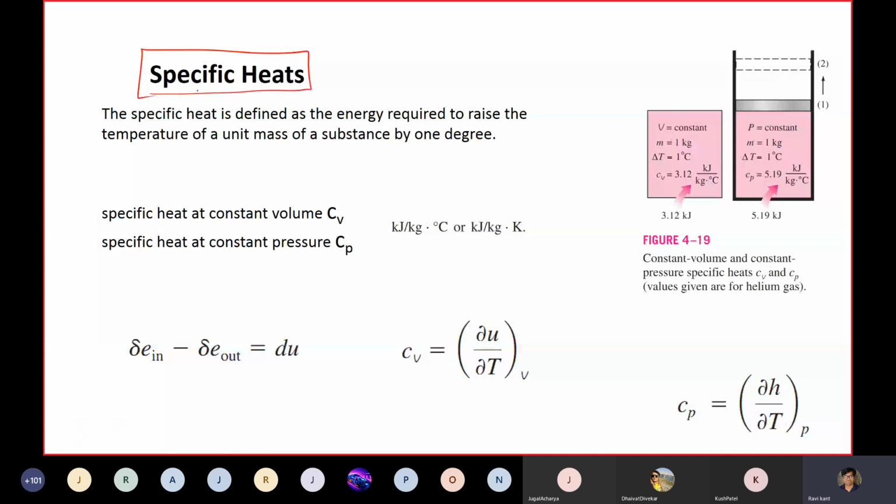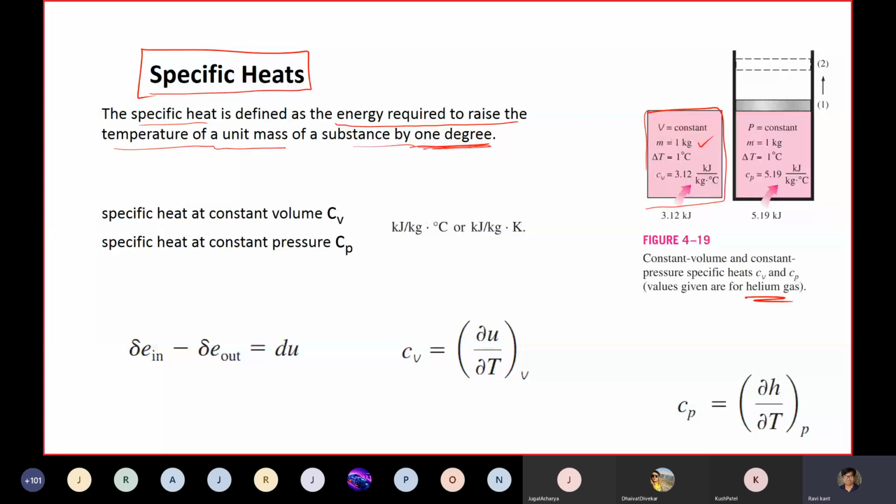I will start with specific heat. This is the next topic we are going to study. The definition of specific heat is the energy required to raise the temperature of a unit mass of a substance by 1 degree. Let's suppose I have a container with, let's say, helium gas. 1 kg of helium is there.